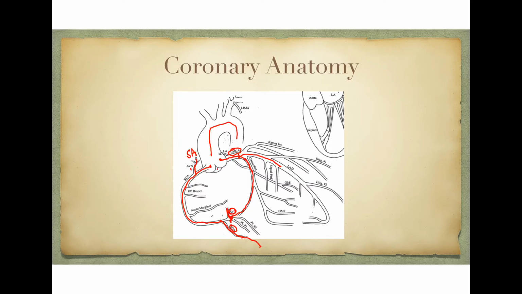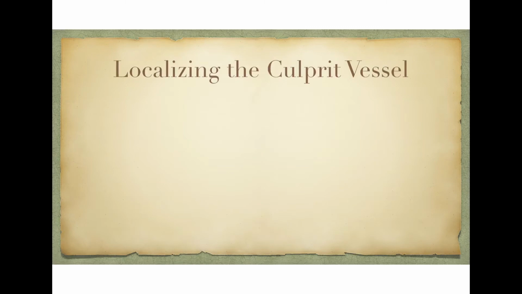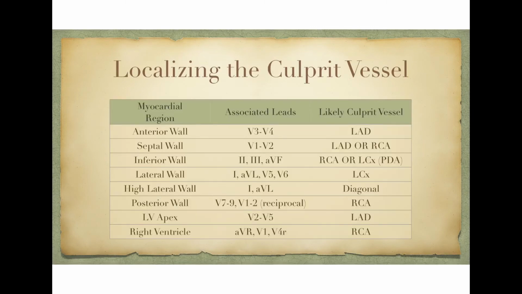And that anatomy is important to keep in mind because we use ECGs to find an approximate guess of where a blockage might be. And so we can localize groups of leads and associate them with particular walls of the myocardium.